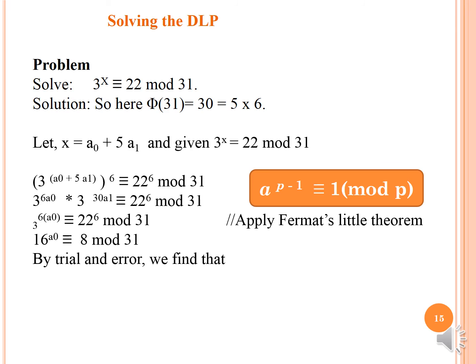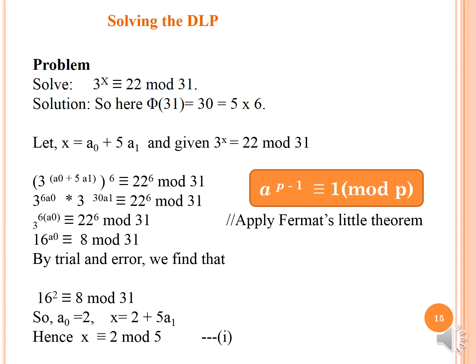So here we have to find the value of a0. We are applying the trial and error method, and by trial and error we will find a0 equal to 2. So 16 to the power 2 is congruent to 8 mod 31.